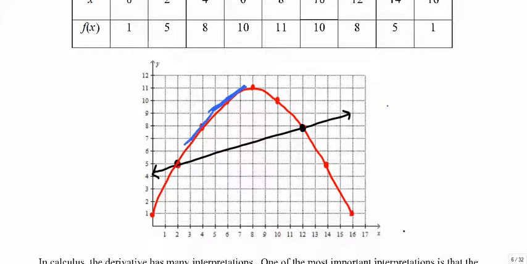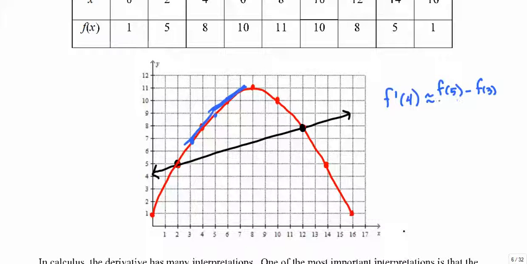So we can estimate the slope at 4, and one of the ways that we talked about was using 2 points on either side and using that as an approximation of what's going on at the point. So for example, we can do f at 5 subtract f at 3.